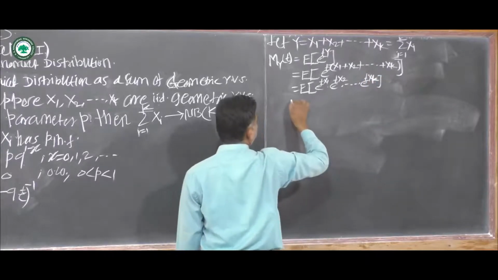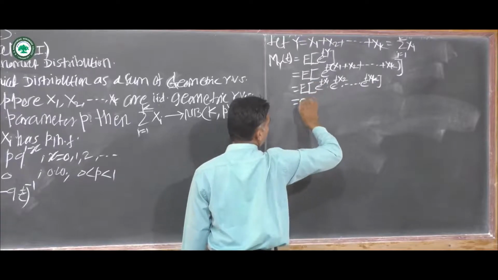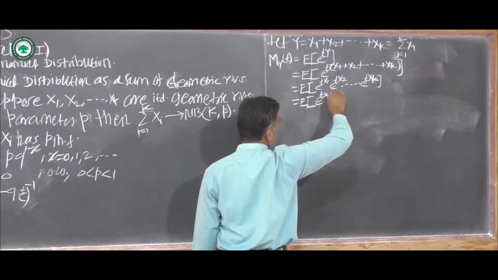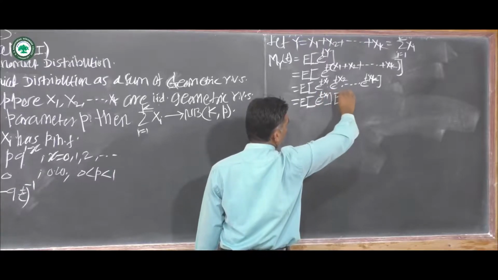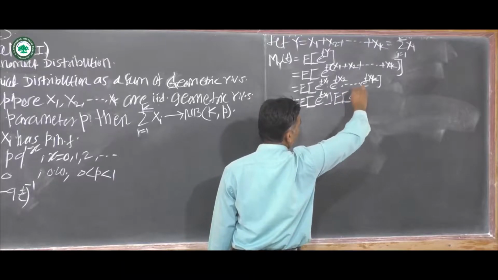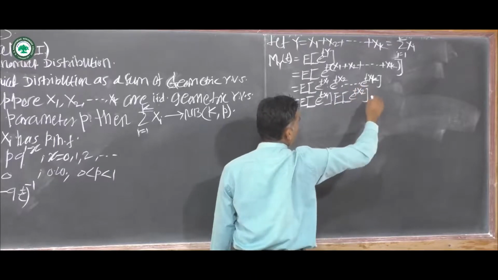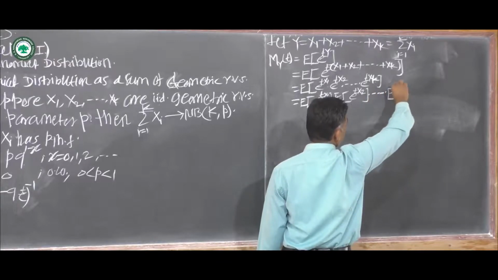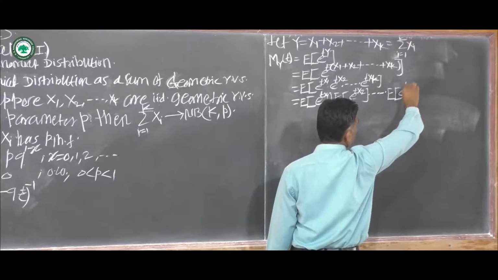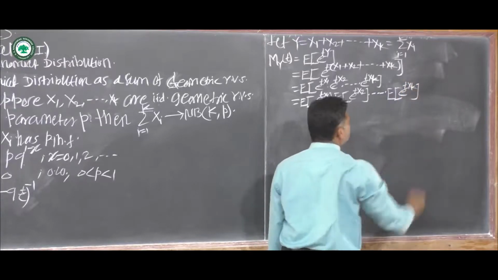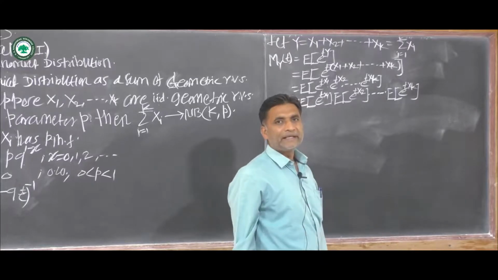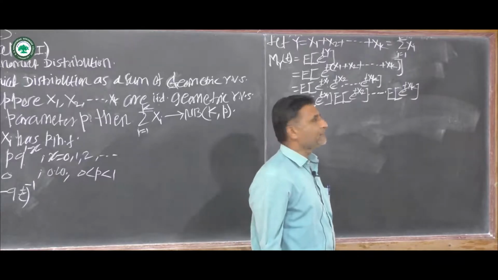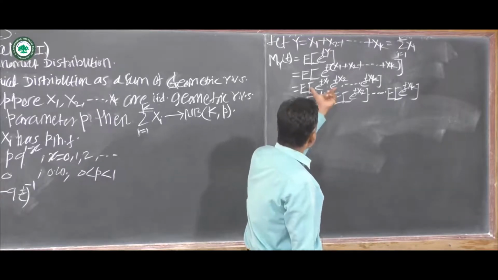Okay, then again which is equal to the expected value of e raised to t x1 into the expectation of e raised to t x2 into and so on into the expectation of e raised to t xk. Since the xi's are independent, that is x1, x2, and so on, xk are independent random variables, therefore this equality holds.